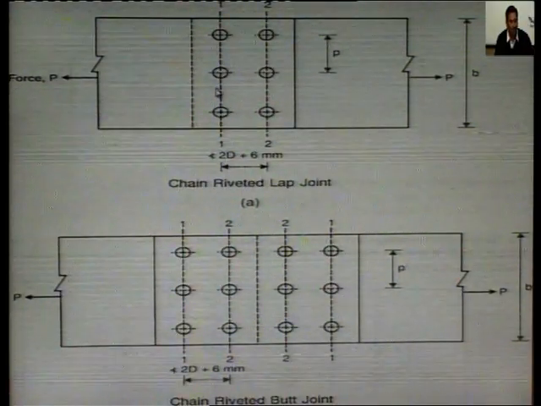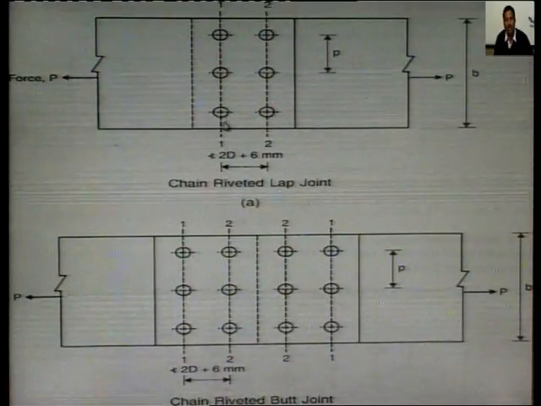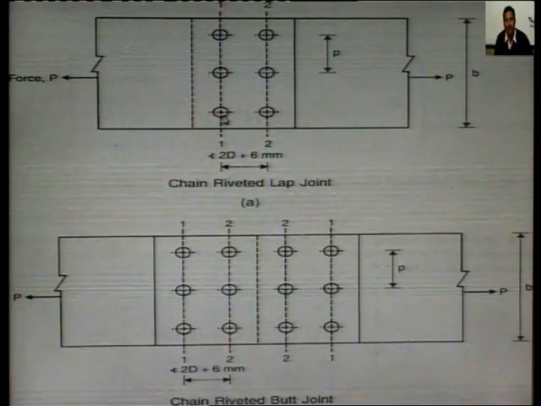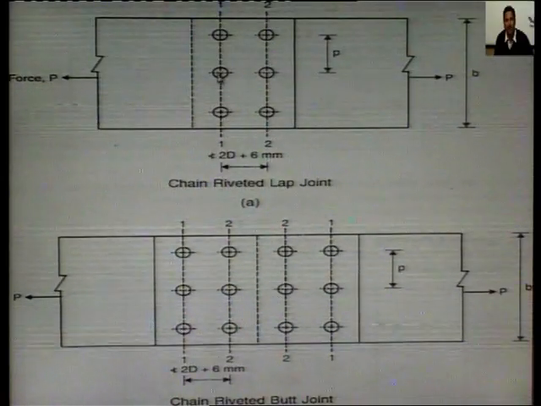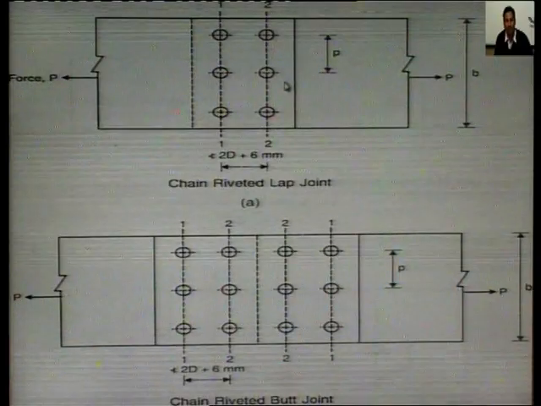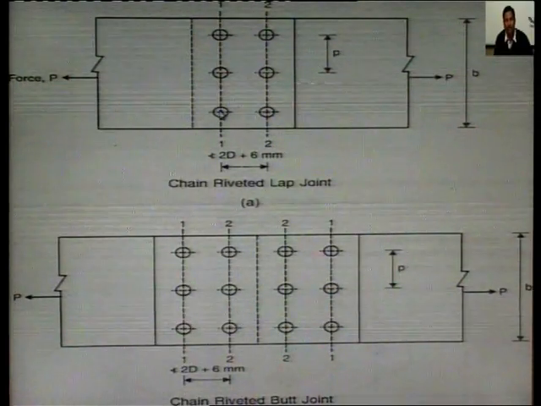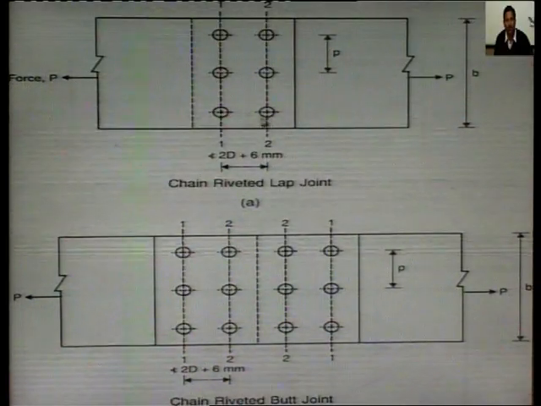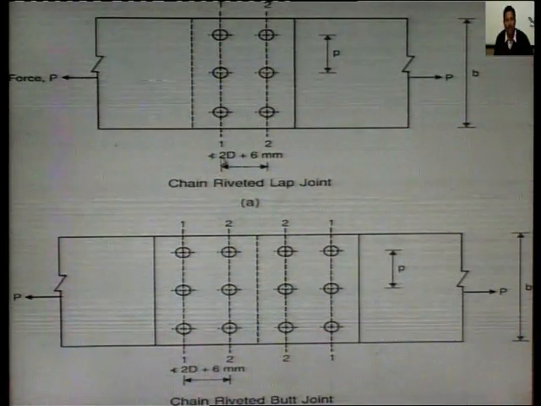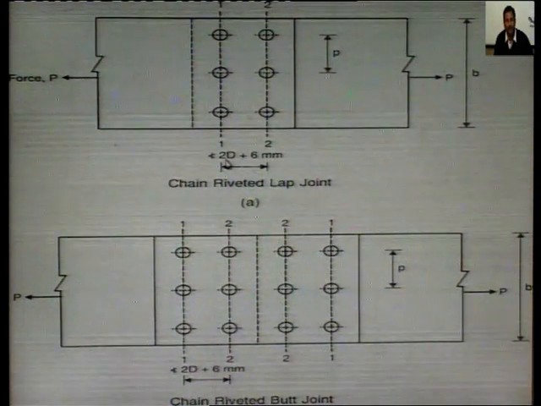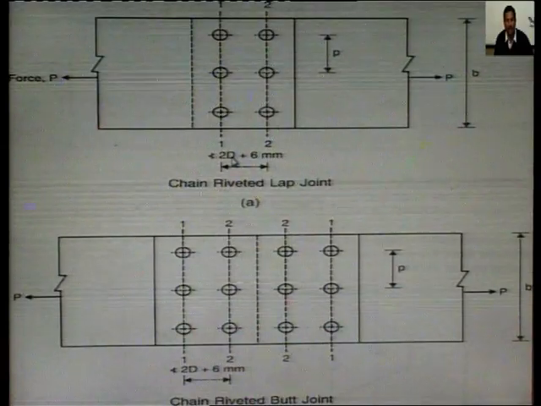So, in a chain riveted joint, the rivet of one row is opposite to the rivet of the other row like this. So, this rivet is opposite to this rivet, is opposite to this. The distance between these two rows is not less than 2d plus 6 mm, where d is the nominal diameter of the rivet.